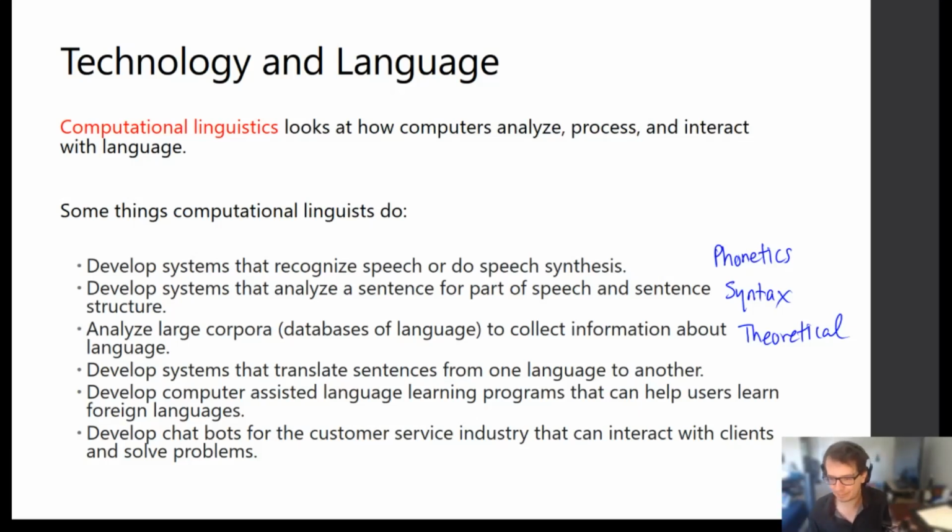We can't do that. We have some applications too. So in terms of media, translation is huge. This has not been perfected. If you've used Google Translate and you try to translate a sentence from one language into another, but machine translation can be incredibly helpful.